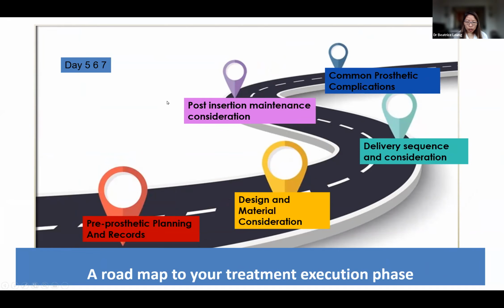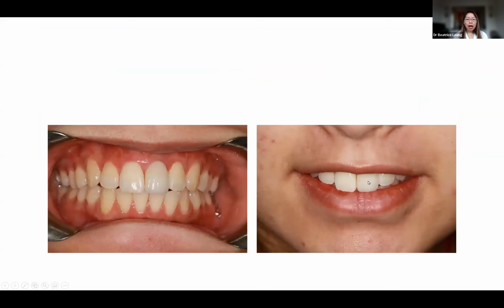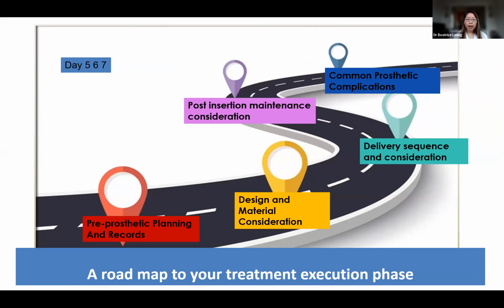I didn't get to actually zoom in on a lot of these items last time, but I did talk very specifically about the delivery sequence of a single tooth implant crown. And so for a single tooth implant in the anterior area, they do still follow the same pathway in terms of the planning and the treatment.